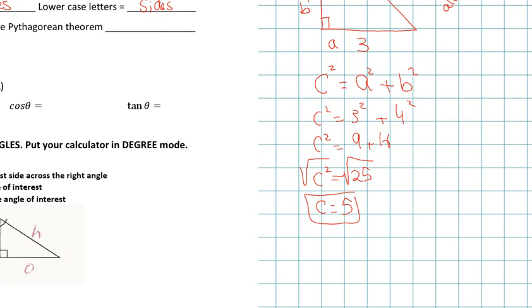Now C squared is 25, right? But I want only C. What's the opposite of square? Square root. So when I square root both sides to get rid of that square, the square root of 25 is 5. Are we okay with that? Alright.